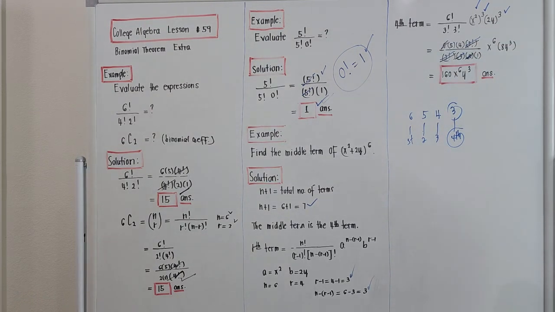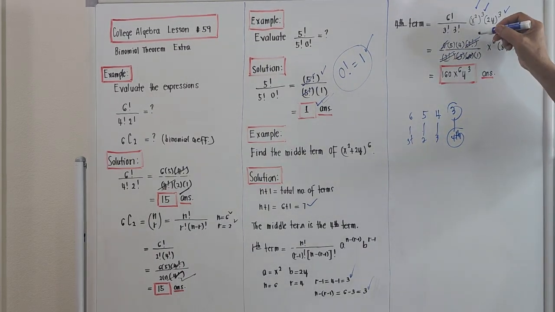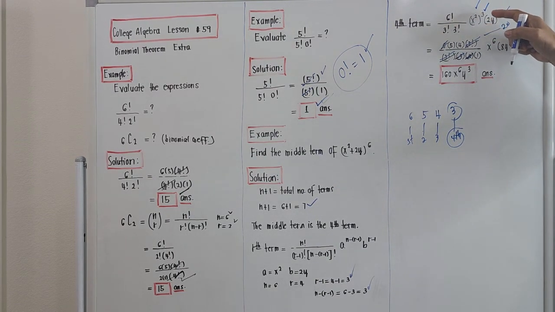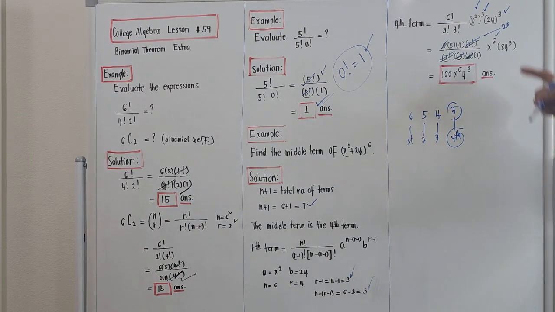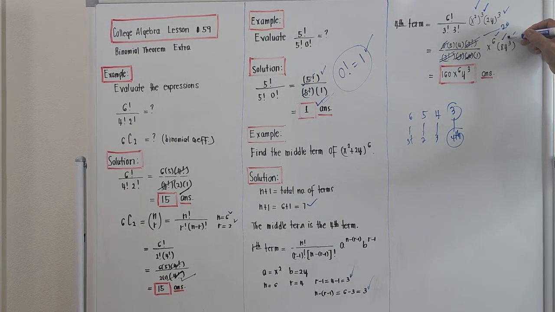So what remains on the coefficient will be this one. The first is 20, right? X squared raised to the third power will be x raised to, take the product, 6. And if we try to expand 2y to the third power, 2 to the third power is 8. Y to the third power is y cubed. So the overall coefficient will be 8.